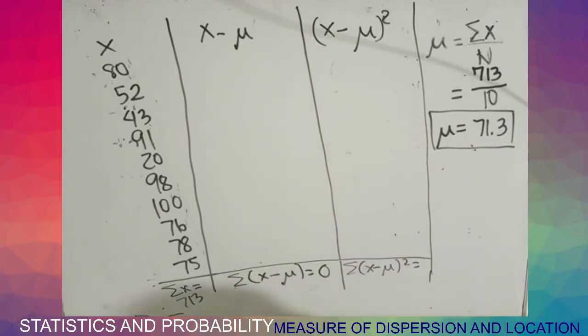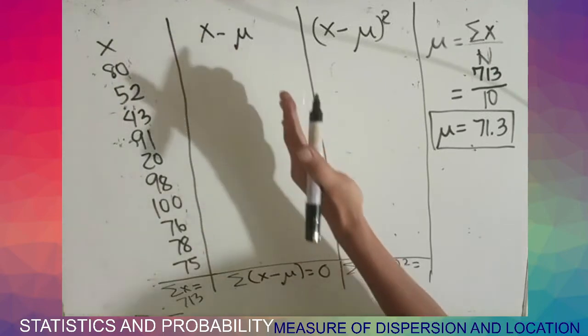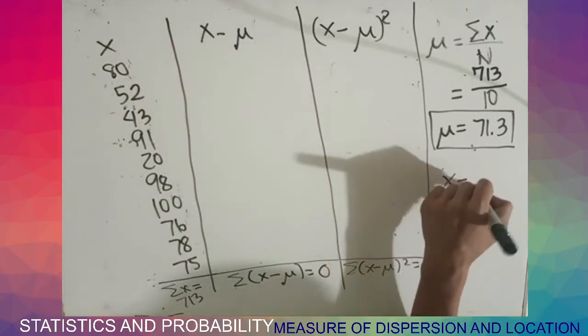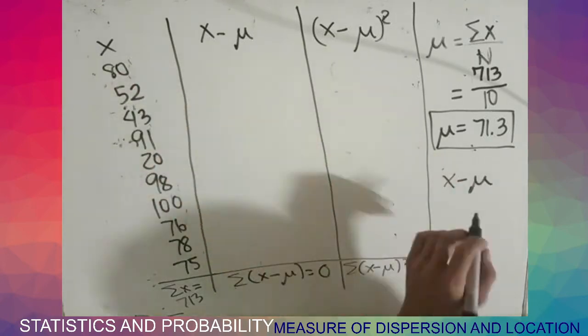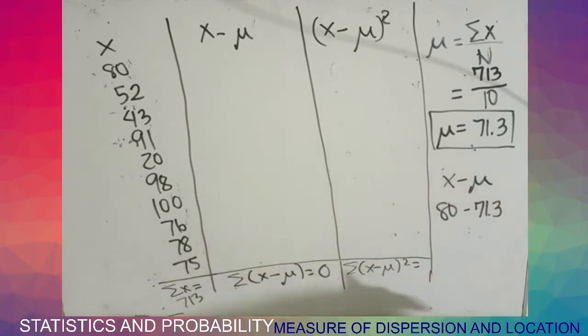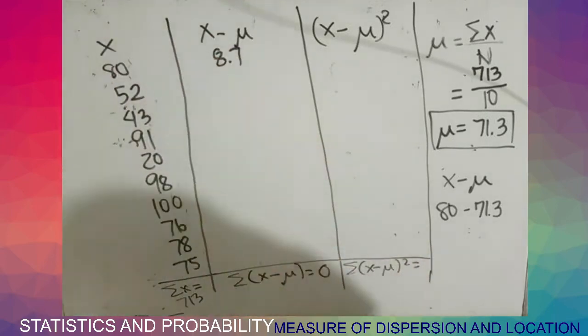So, sunod naman, yung value ng x natin, ima-minus natin sa value ni mean natin. So, magiging x minus mu. So, unahin natin yung una, which is yung 80. 80 minus 71.3. So, anong sagot? Okay, 8.7. Next.